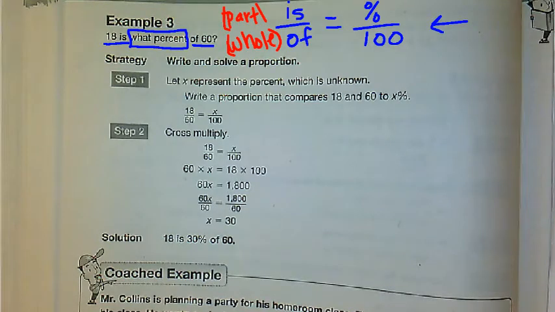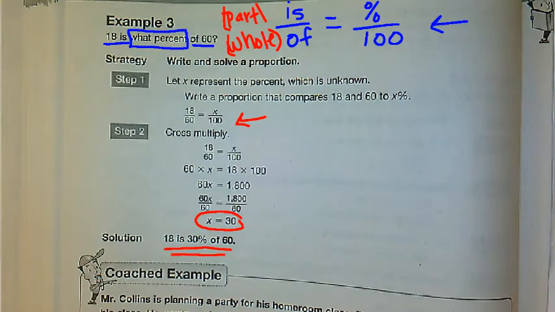Even if your part is bigger than your whole, then your percent is going to be bigger, but we'll cross that bridge when we get there. So again, you set this up as a proportion, cross multiply, so we get x is equal to 30. Last thing, make sure that you actually answer the question. 18 is 30% of 60.